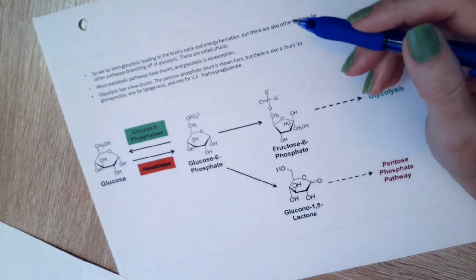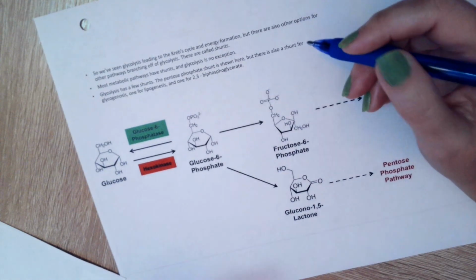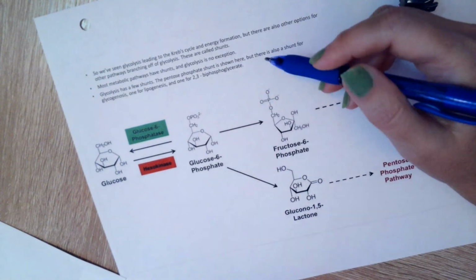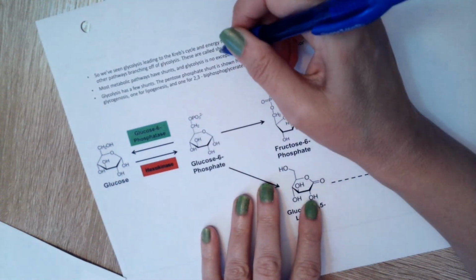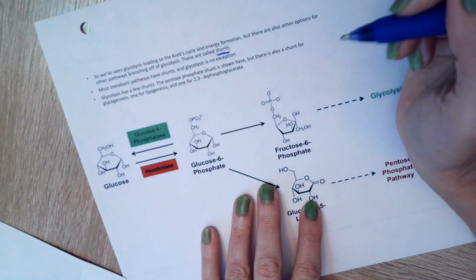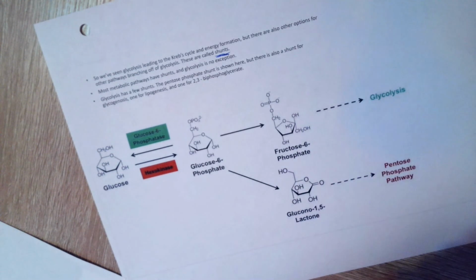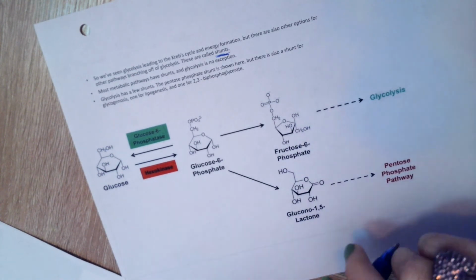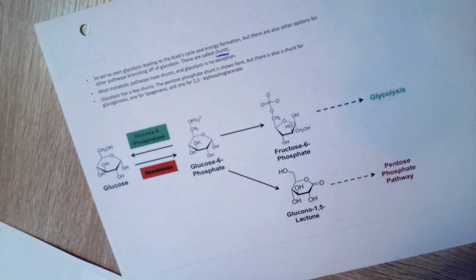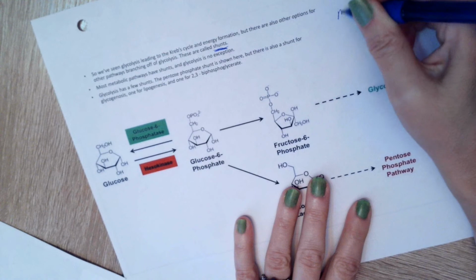We can have side reactions, other pathways we can take that branch off of various points of glycolysis. And these pathways are called shunts. Anytime you have a side pathway, it's called a shunt. And most metabolic pathways do have shunts, and it's all kind of determined by what enzymes are available, what substrates are available, varying amounts of the different substrates. We're going to get into all that in Unit 3. It's called metabolic mapping.